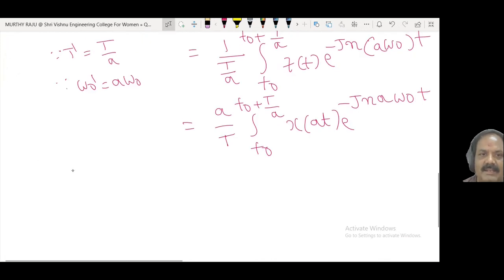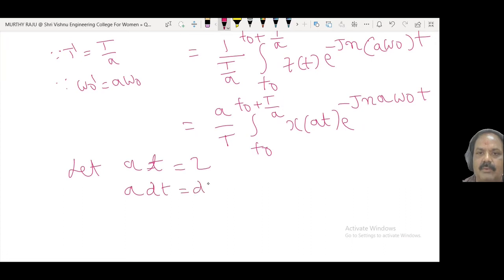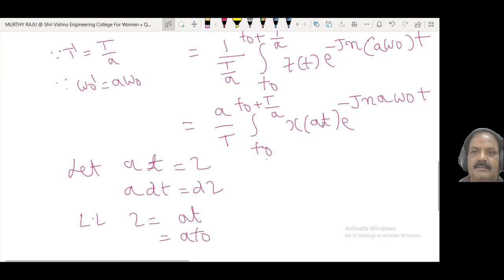Let a t be equal to tau. Then a dt is equal to d tau. The upper and lower limits are changing. Lower limit: tau is equal to a t, so t replaced with t naught gives lower limit a t naught.